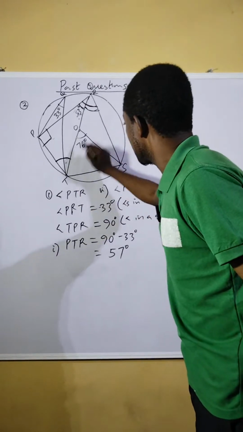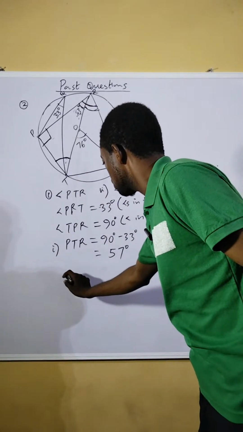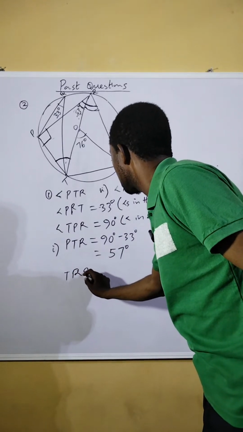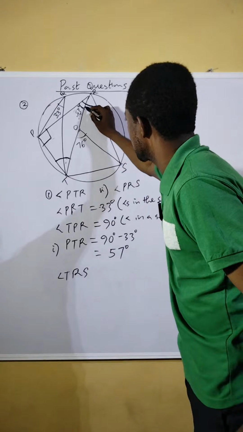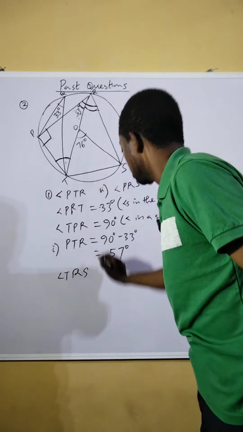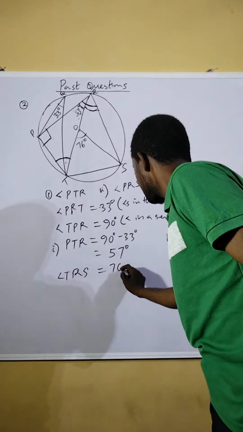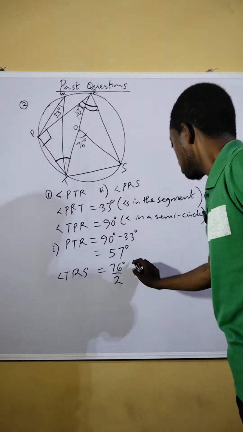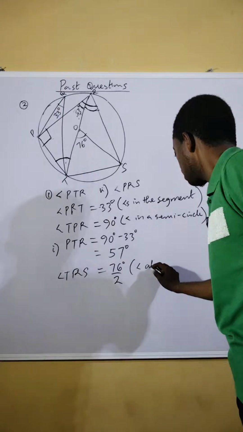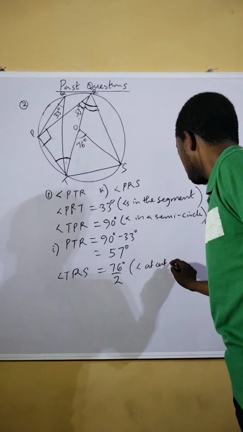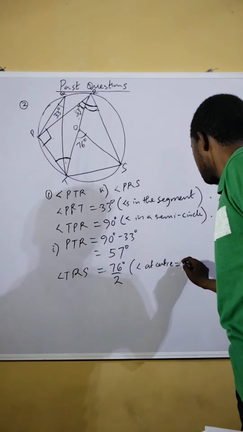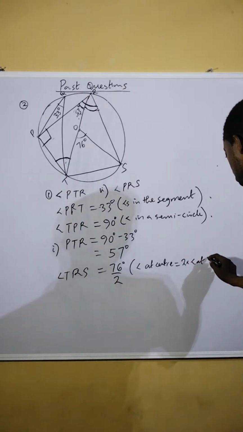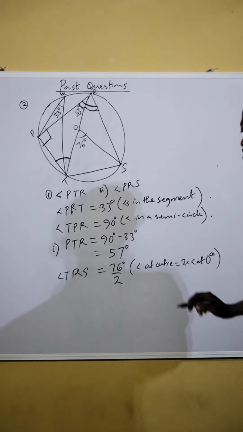And angle at the circumference now, which is angle TRS, this one marked here, is now equal to 76 degrees over 2. Because we have the reason, angle at the center is twice angle at the circumference. So that's the simple reason why.